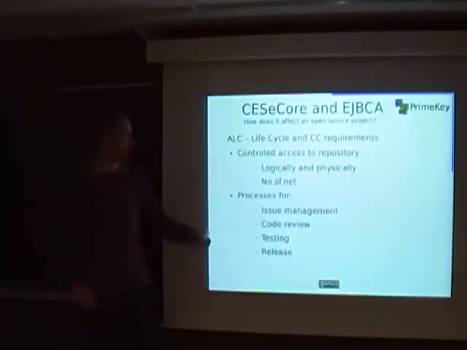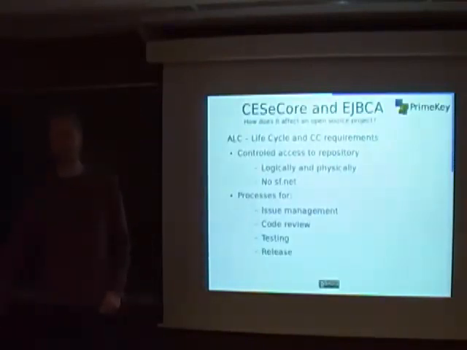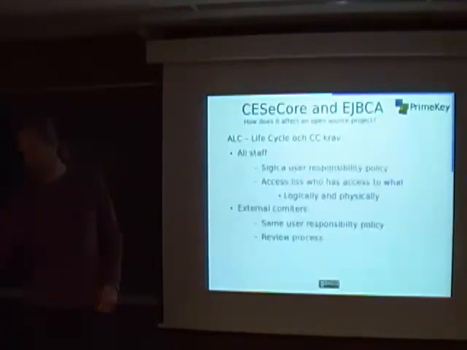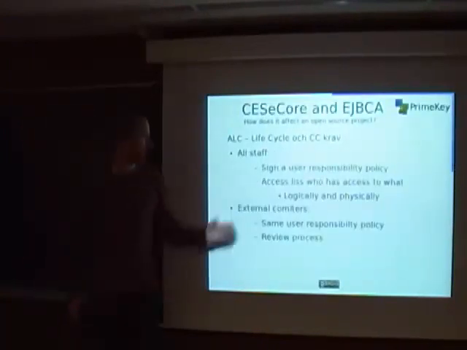You also need a lot of processes for issue management, code review, testing, and release management, not the least, because release management is very important: the certified release has to be authenticated, or the person who uses a release must be able to authenticate that it's a certified release. And so what we had to do, I told you about this user responsibility policy.